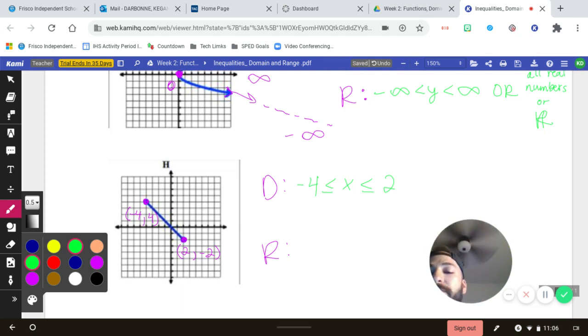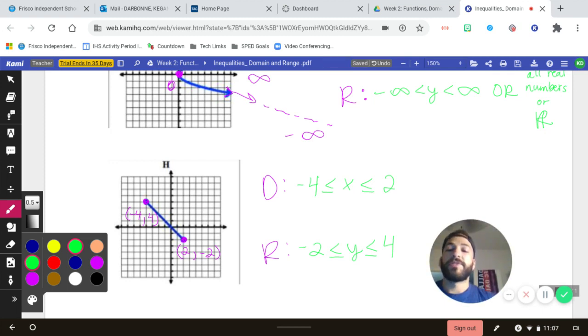Now for my range, my lowest range value is negative 2. My highest range value is positive 4. Y goes in the middle, less than's on both sides, and once again, both points are colored in, so I put equals to and equals to.